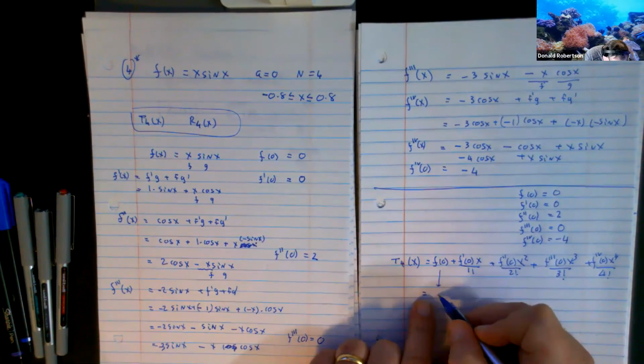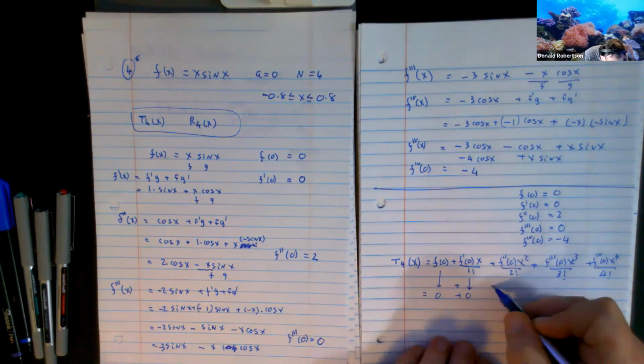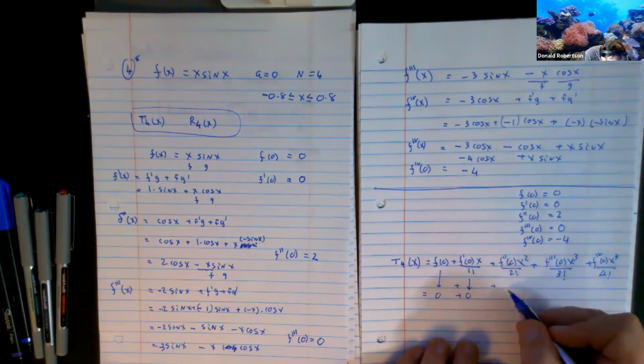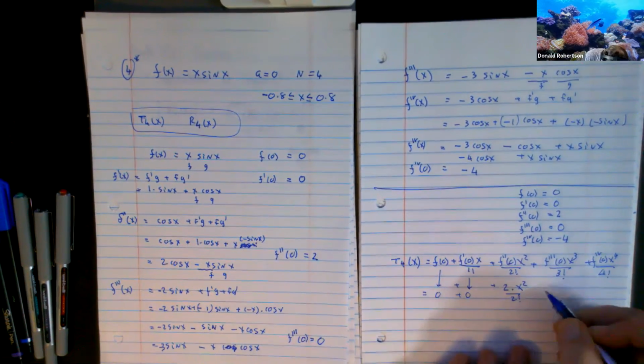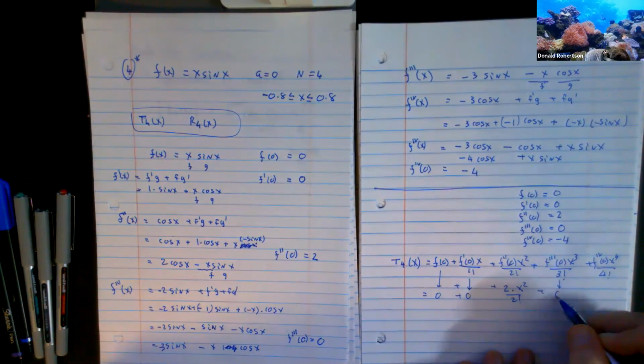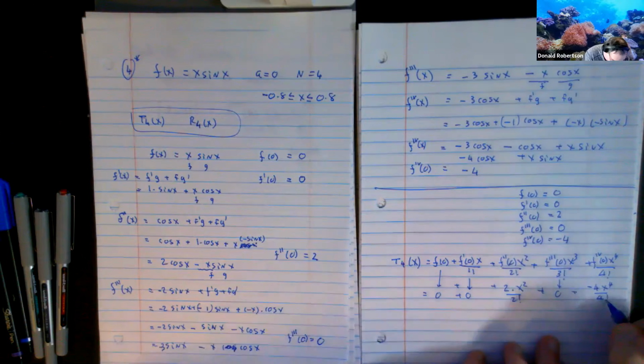This guy is 0 plus this guy is 0 plus this guy here is 2. So you get 2 lots of x squared over 2 factorial. This guy is 0, and this guy was -4, so you get -4 x to the 4 over 4 factorial.